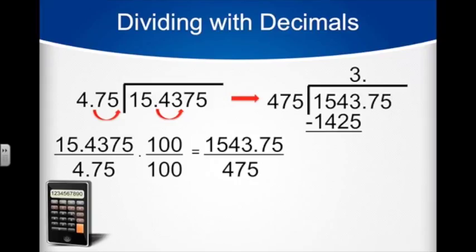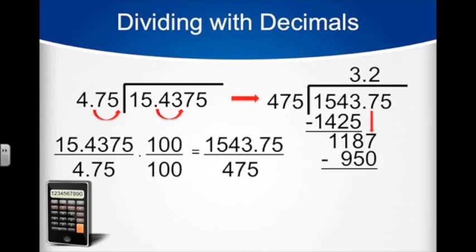When we subtract, we get 118, and we bring down the next digit 7 to get 1,187. 475 goes into 1,187 twice, so we put a 2 in our answer. Then multiply 2 by 475 to get 950.